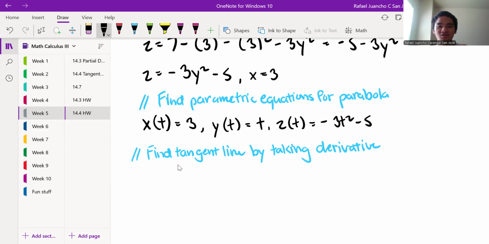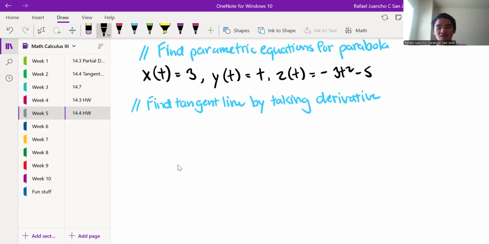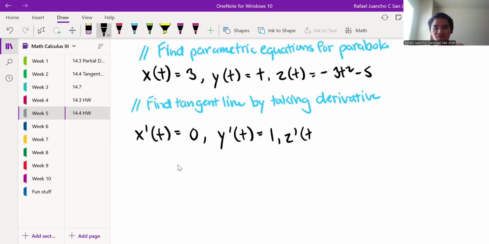If I get the tangent line by taking its derivative, I get x prime of t, this is 0. My y prime of t, this is 1. And my z prime of t, this is negative 6t.